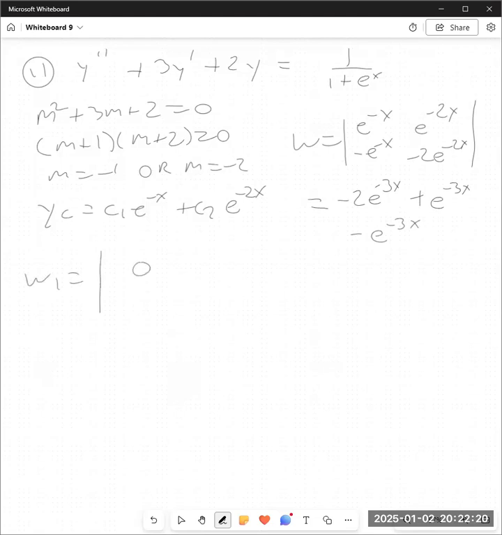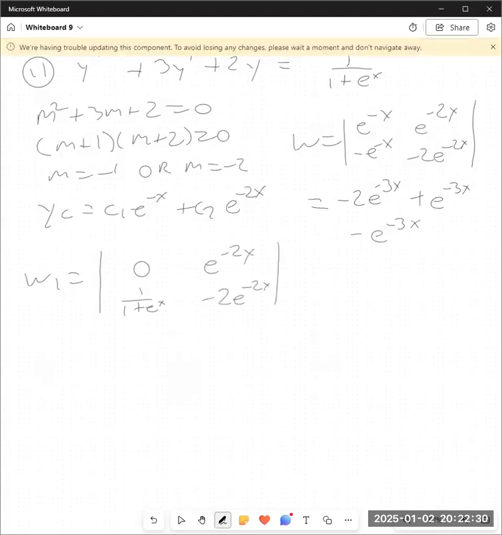W1 is going to be 0, 1 over 1 plus e to the x, e to the negative 2x, -2 e to the negative 2x.